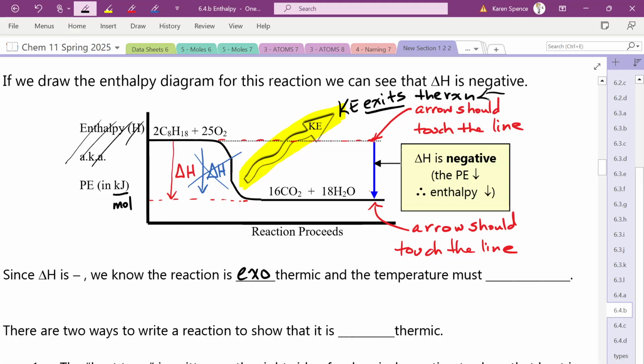Now we have more kinetic energy, right? Because it's coming out, we're releasing kinetic energy. Potential energy transformed into kinetic energy, and then the kinetic energy exits the reaction. So we have more kinetic energy than we did before.